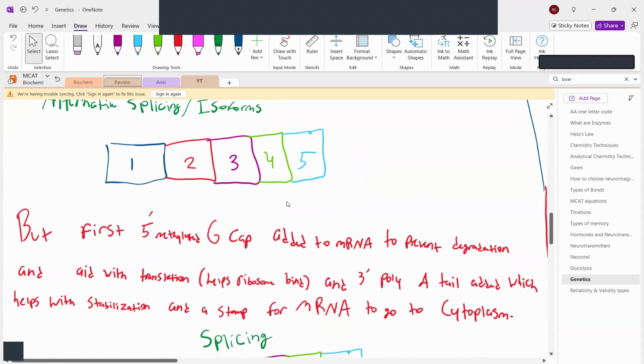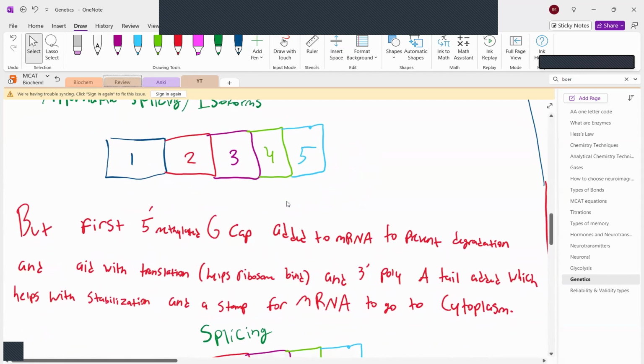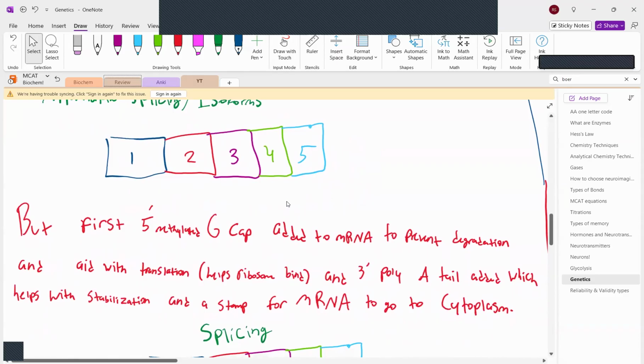But before I get too far into this, I want to first talk about the 5' methylated guanine cap, which is added to mRNA to prevent degradation and aid with translation. It helps the ribosome bind to the mRNA in the cytoplasm.